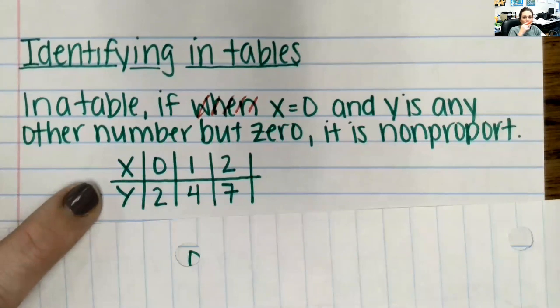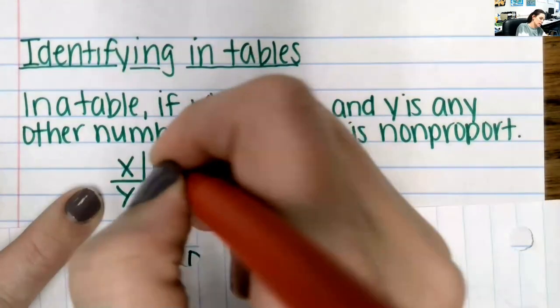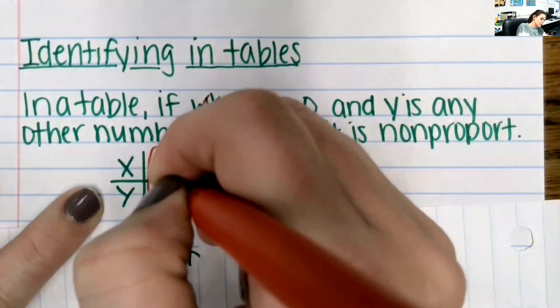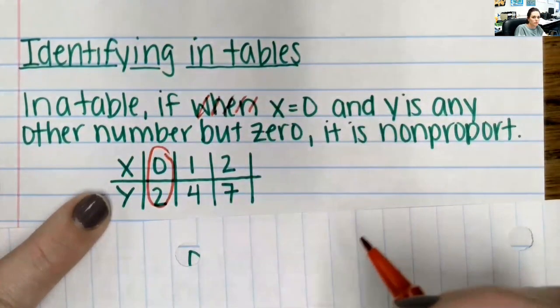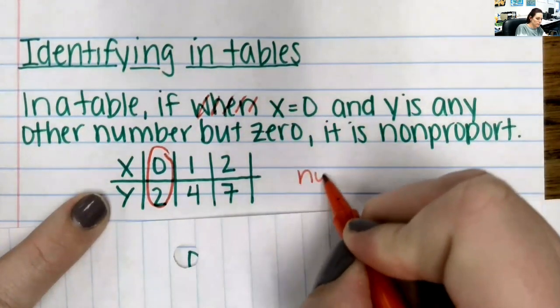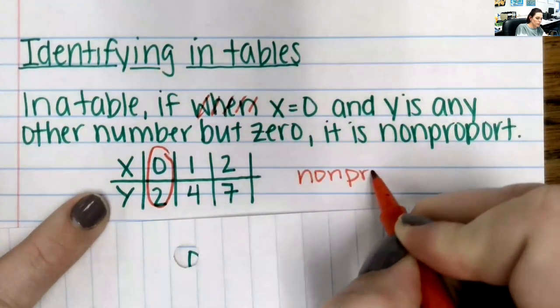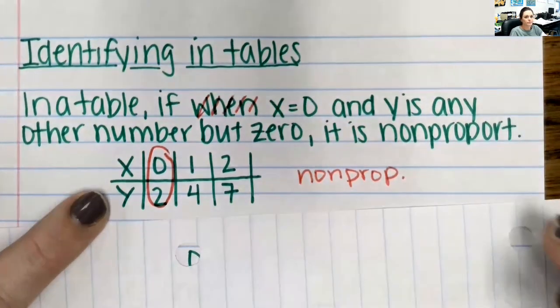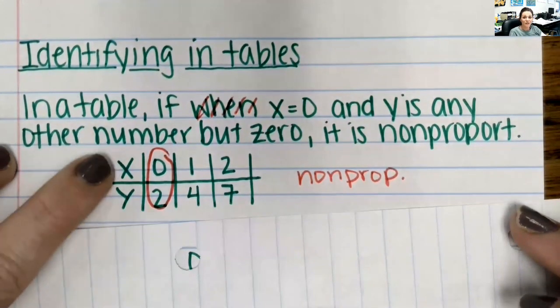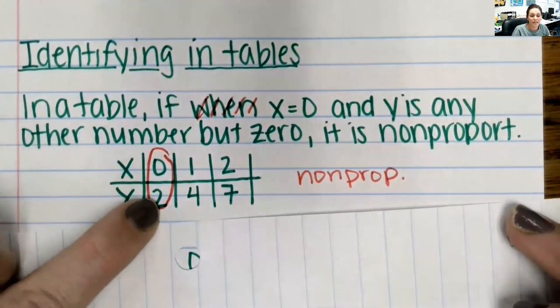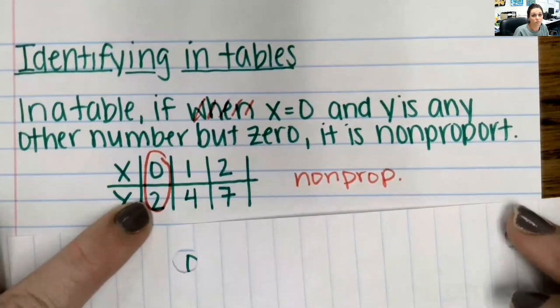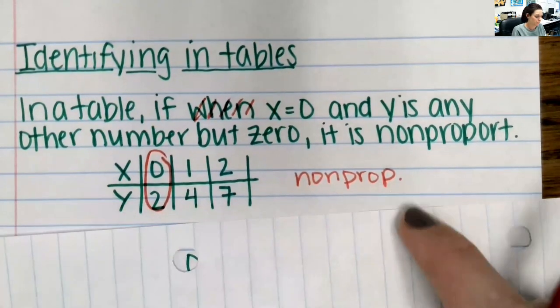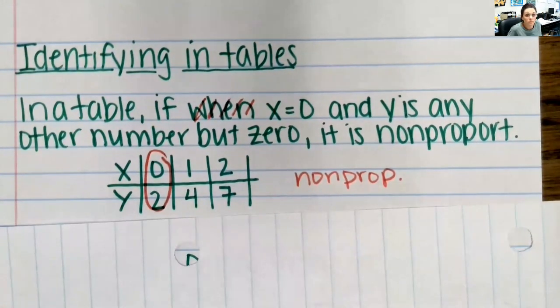What's the answer? Okay, the answer is circling 0, 2, and writing non-proportional. So again, if X is 0 and Y is anything but 0, it is non-proportional. Ta-da!